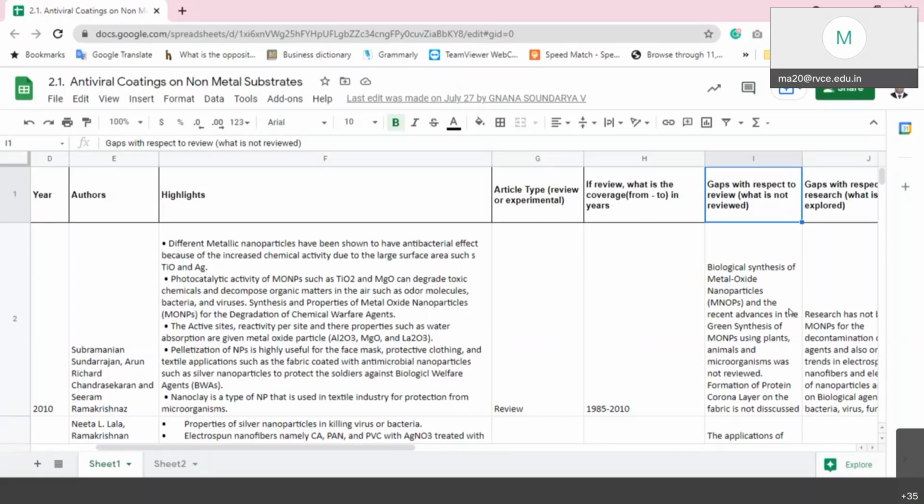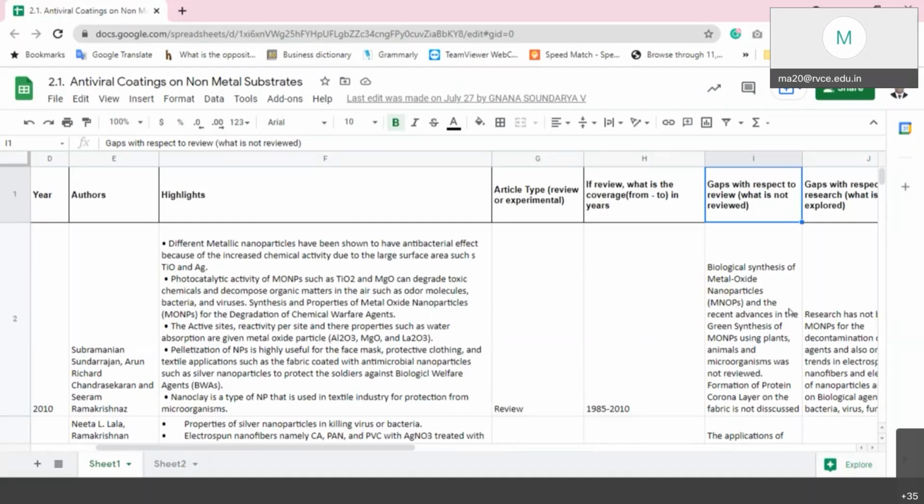Fuel cells could be used in the transport industry, the automobile industry, military, aerospace, chemical engineering, civil engineering, in all domains. People might have covered only aerospace, automobiles and transport. They might not have concentrated on military applications. So that becomes a gap with respect to review, right?